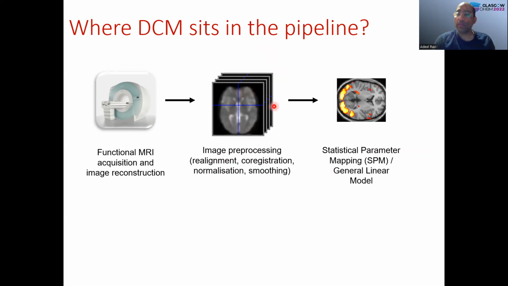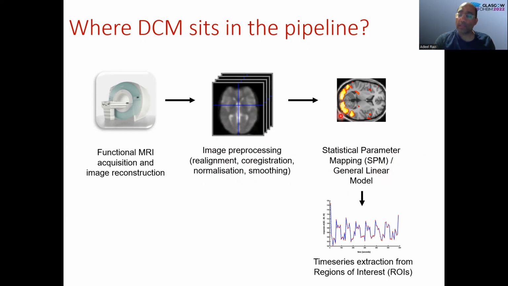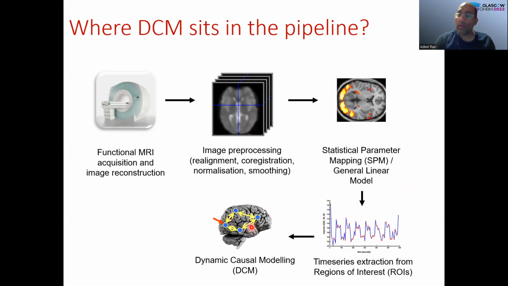Once we have done all of the pre-processing, we then put this into a GLM to calculate certain contrasts, to look at differences between different experimental conditions. Once we know where the activation is happening, we can extract the time series from those specific brain regions, and then we can use these time series to put them into a model and go from activity to connectivity. Here we can now set up a model of how different neural populations will be interacting with each other, and this is where the DCM sits.